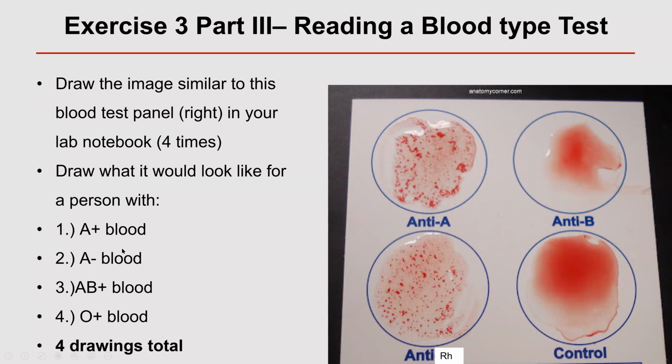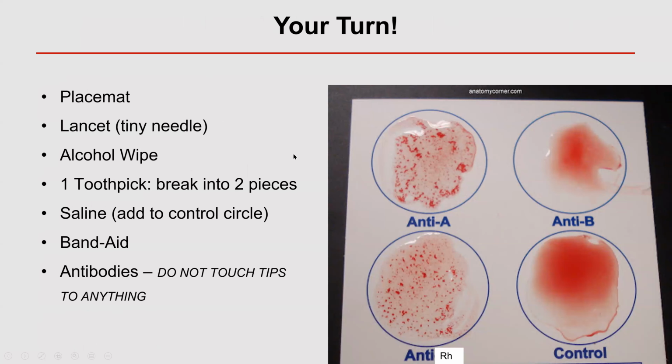You can take these concepts and essentially apply that to 2, 3, and 4 of your drawings. And if you have these materials with you, or you're going into lab to do this at some point, you will be given a placemat, a lancet, an alcohol wipe, a toothpick, which we're going to break into 2 pieces each.